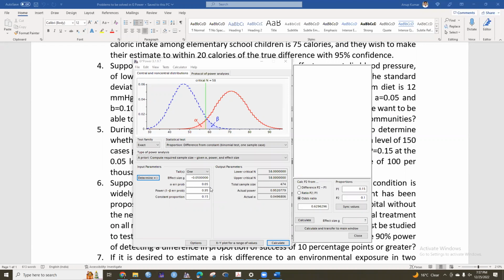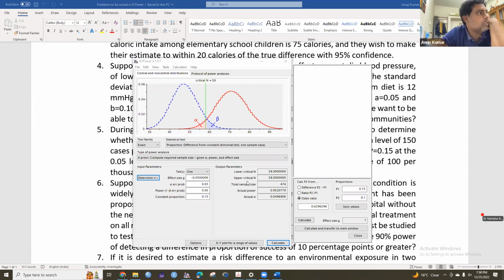Sir, one idiot question. In the power analysis that you have shown, we have written a small n, that is the sample. But when we have an experimental group and a control group, will that n denote only the experimental group, 30? No, ma'am.